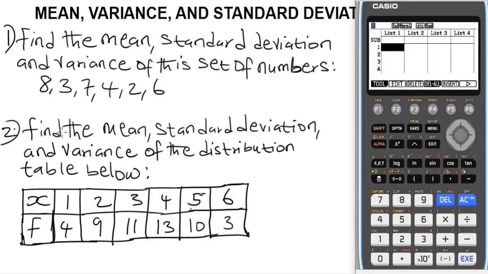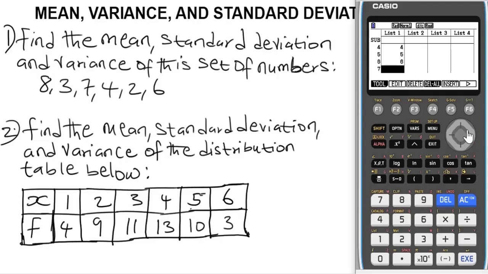Now for question 2, it says find the mean, standard deviation, and variance of the distribution table below. For this kind of question, we have the independent variable X data and the frequency data. So we're going to make use of List 1 and List 2. Let's begin with List 1 and input the data there: 1, 2, 3, 4, 5, and 6.